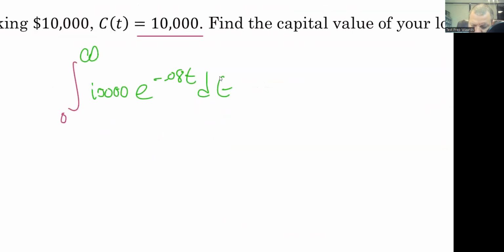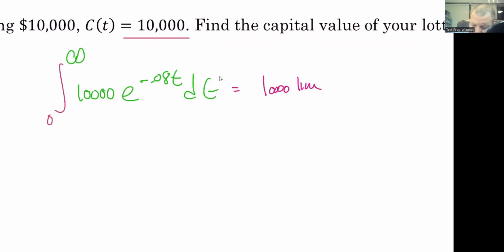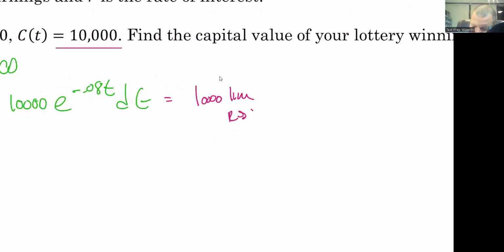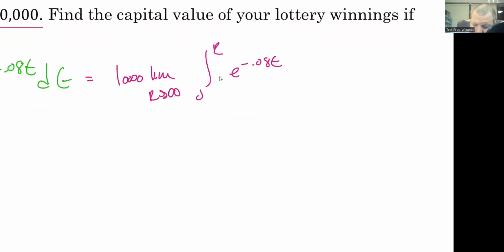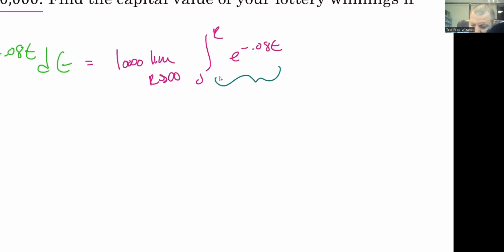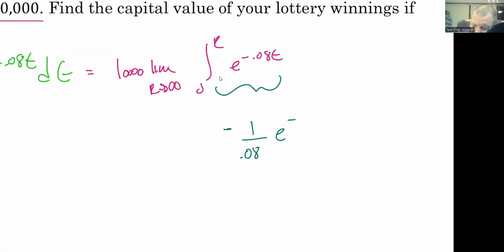All right, so when we rewrite this in terms of an improper integral, we're going to end up with 10,000 times the limit as r approaches infinity of the integral from 0 to r of e to the negative 0.08 t. When we take this antiderivative, this is going to be negative 1 over 0.08 e to the negative 0.08 t evaluated from 0 to r.